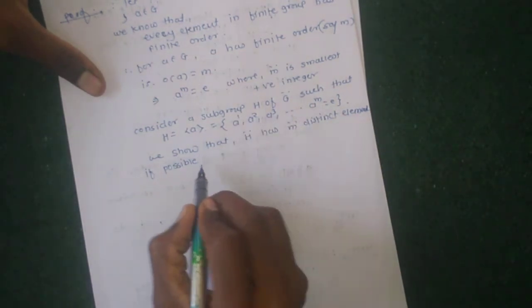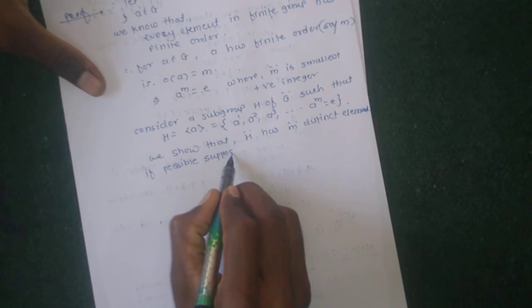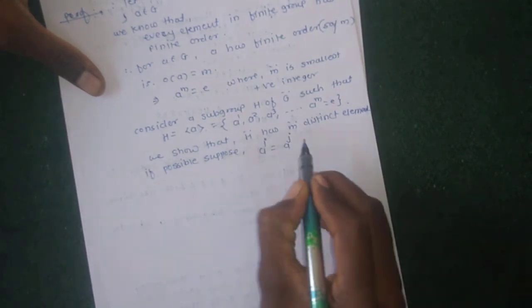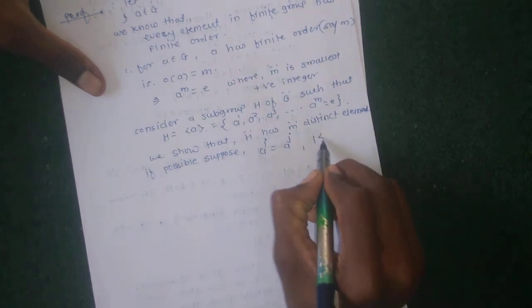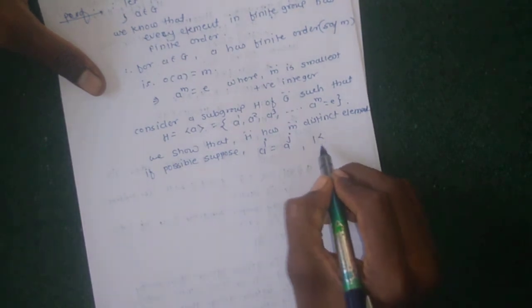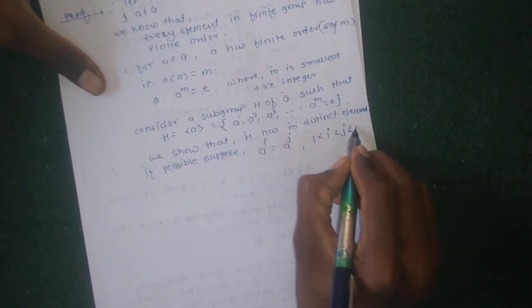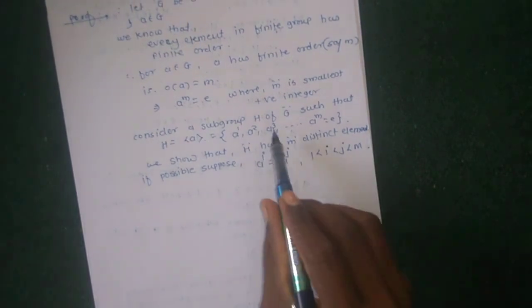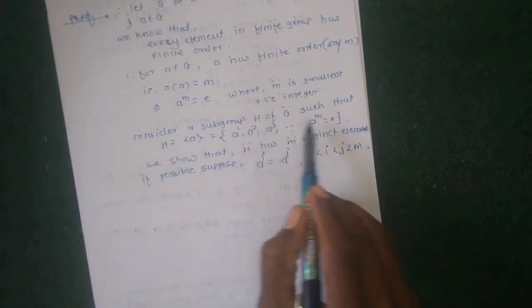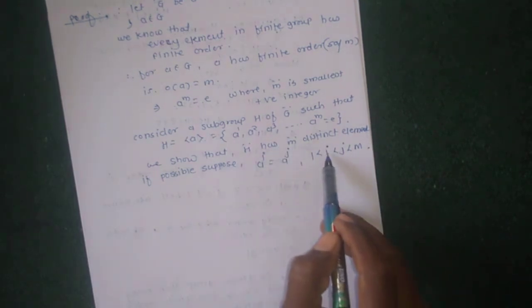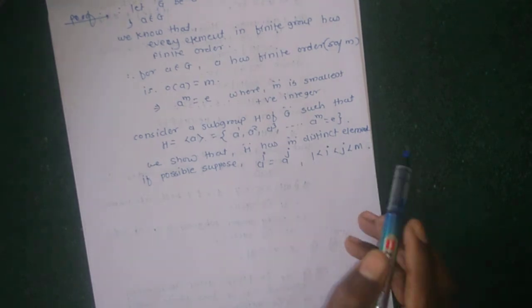If possible, suppose a raised to i equals a raised to j, where i is less than j, and both lie between 1 and m.